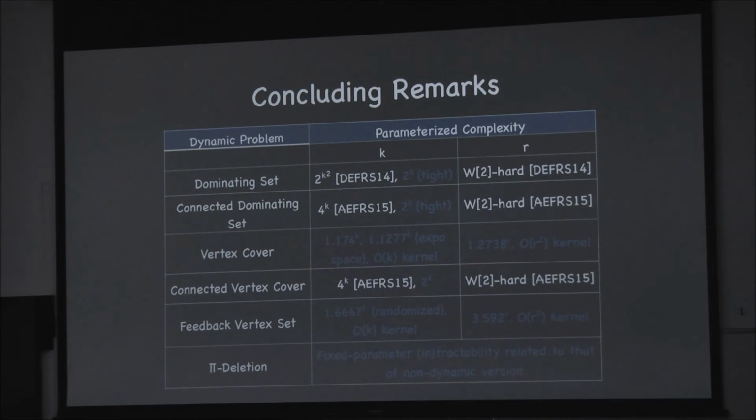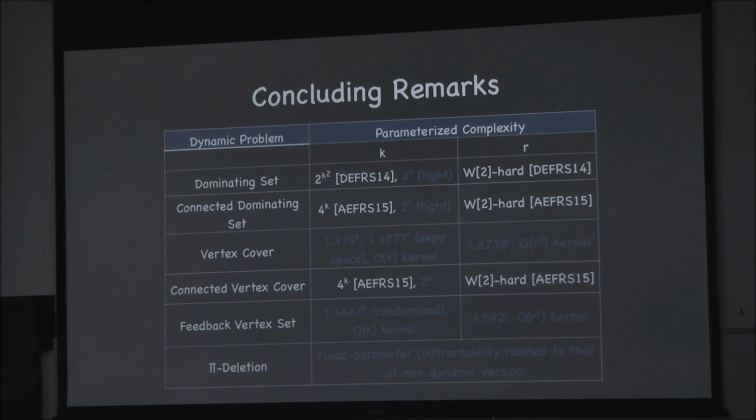So for instance, vertex cover, no paradigm in parameterized complexity can be complete without considering vertex cover. So vertex cover, predictably, is FPT with respect to both the parameters in the dynamic framework. For connected vertex cover, with respect to the edit parameter k, good results are known.